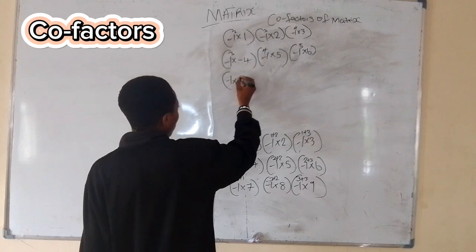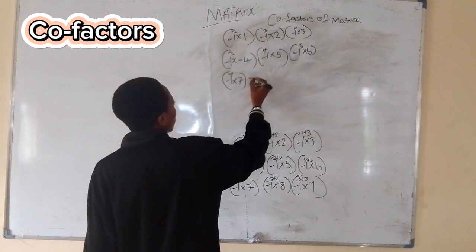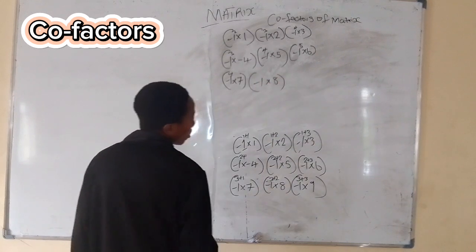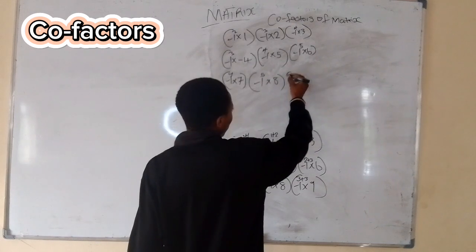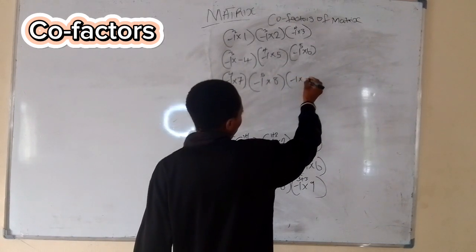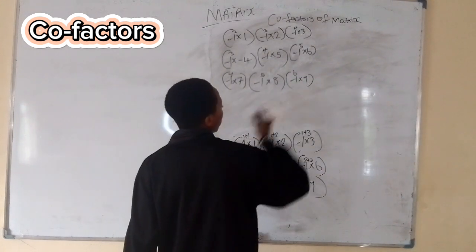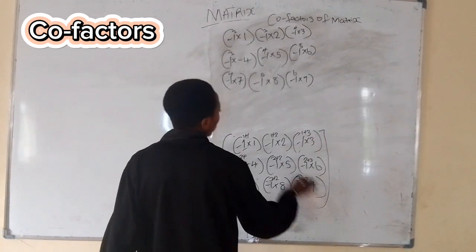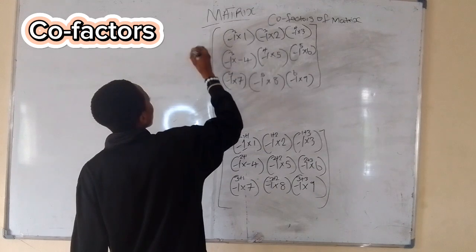Minus 1 times 7. 3 plus 1 is 4. 3 plus 2 is 5. 3 plus 3 is 6. So this is the power. We still haven't found the final answer.